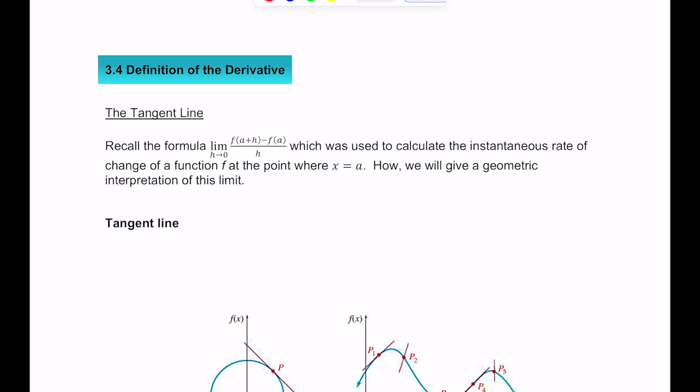If you'll remember from geometry what a tangent line is, a tangent line to a circle or to a curve is defined as a line that touches the circle at only one point.